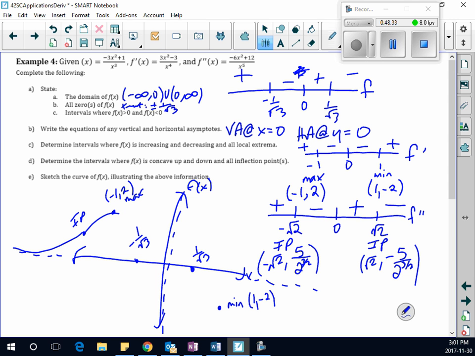Yes? That's the negative root 2. Because it's concave up. Then it's going concave down all the way to hitting the asymptote there. And it is decreasing. So it's going to go like this, right?